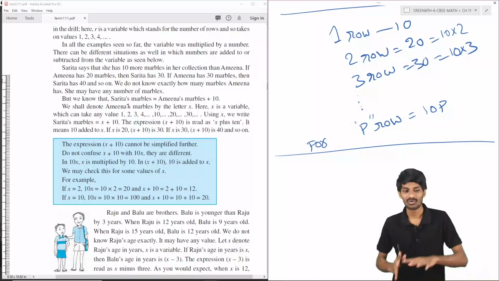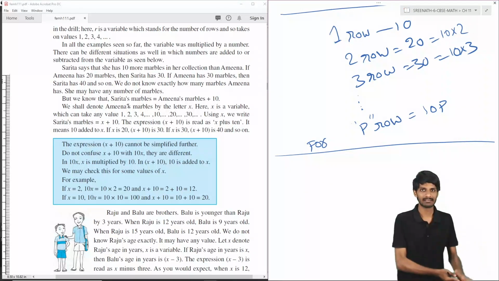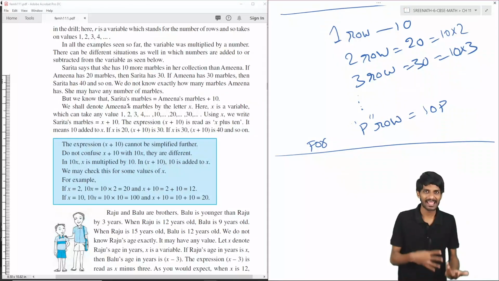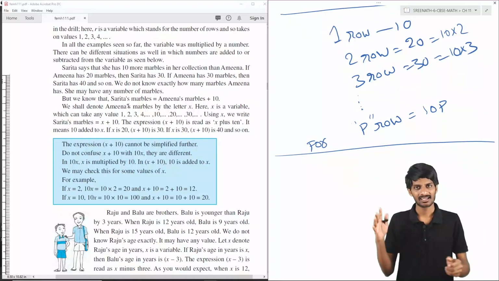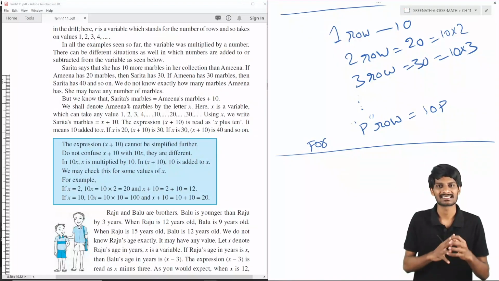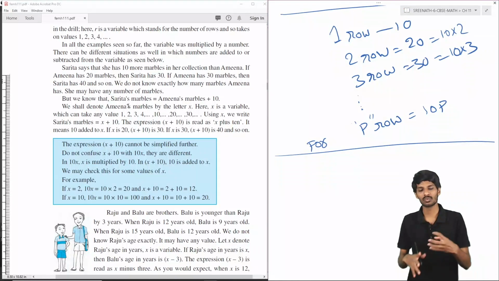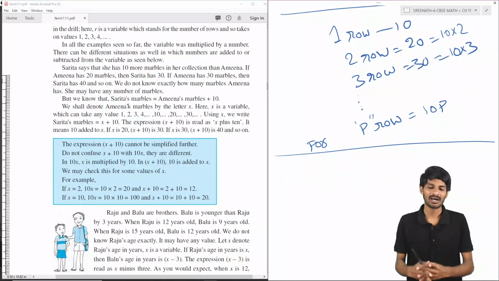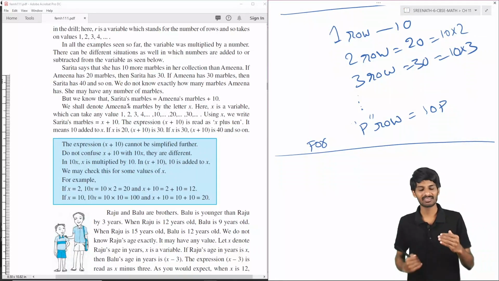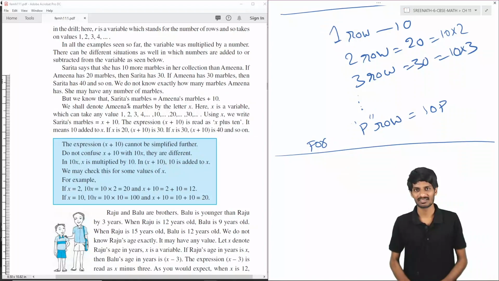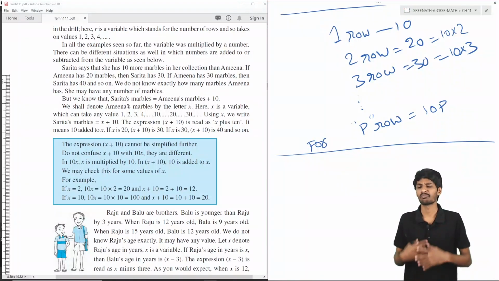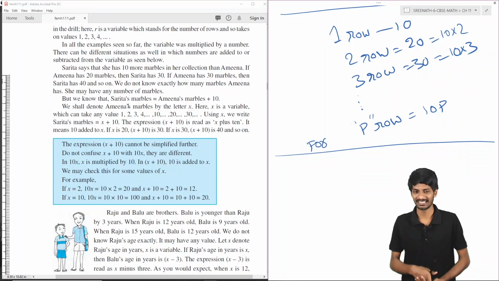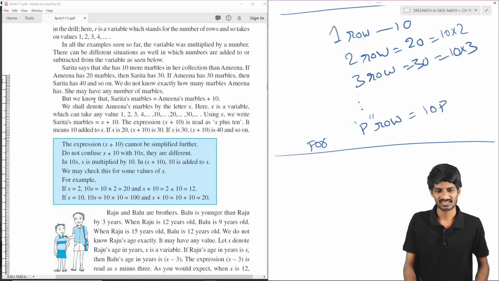What we do to numbers can be applied to the variable, students. So we can add any number to the variable, subtract any number from the variable, multiply any number with the variable, and divide the variable by any number. So treat the variable as a number, not as a letter, but the number may change continuously. That is the only condition, students.